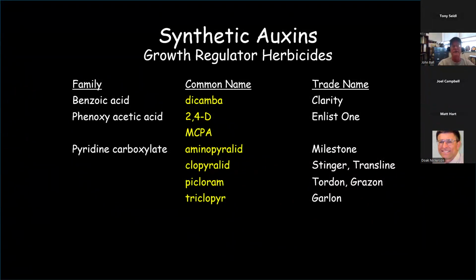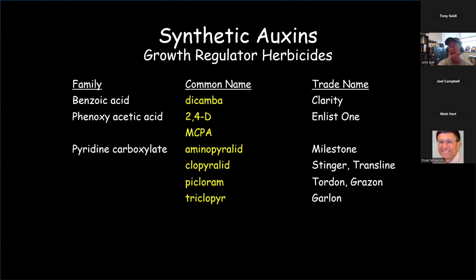So let's look at the synthetic auxins, the growth regulator herbicides. There are three different families that we typically have. There are the common names for the various herbicides: dicamba, 2,4-D, clopyralid, picloram, and I've also listed some of the trade names, not all of them.